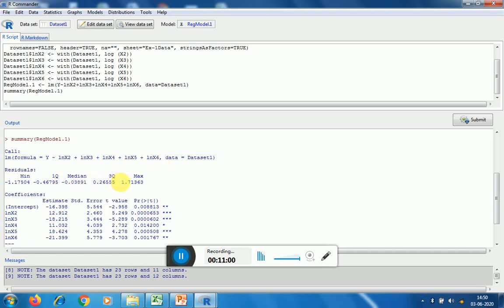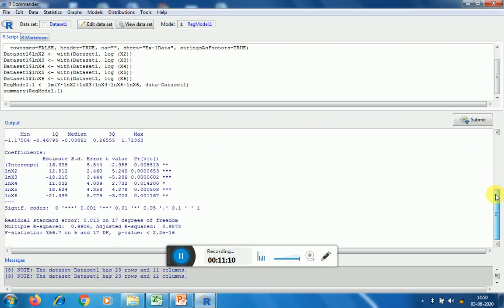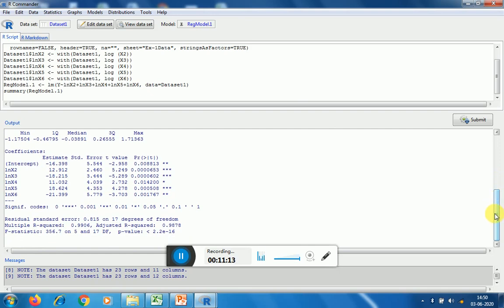Here the descriptive statistics is presented in terms of minimum, maximum, first quartile, second quartile, etc. So this descriptive statistics is also presented here. Now this is the regression output. You can see that all the variables, log of x2, log of x3, x4, x5, x6, are significant because the p value is less than 0.05 or 0.01 or 0.10.